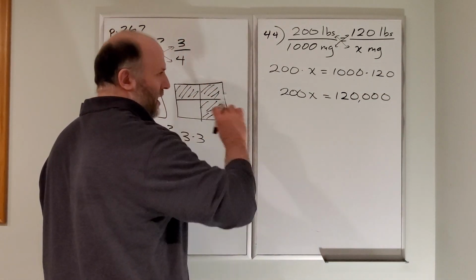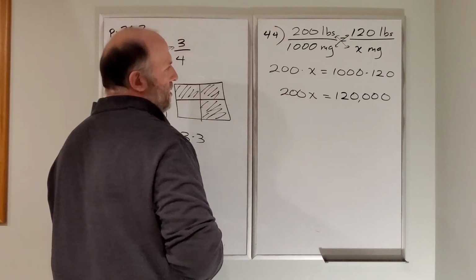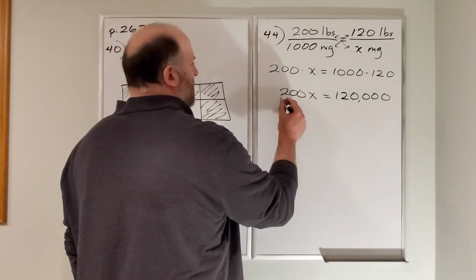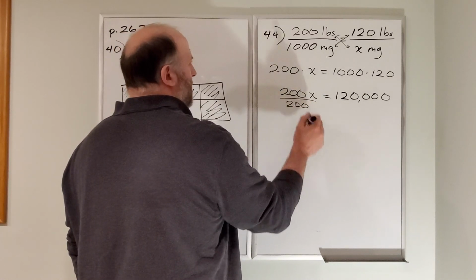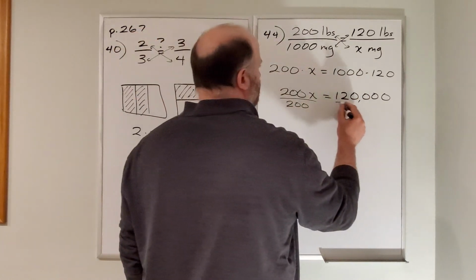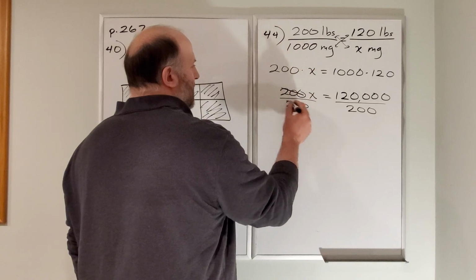So I get my nice inline equation as usual after cross multiplying and evaluating the individual products. Now let's divide by 200 so I can figure out what x is, not what 200x is. So these will cancel out.